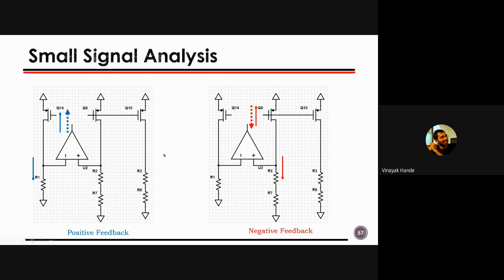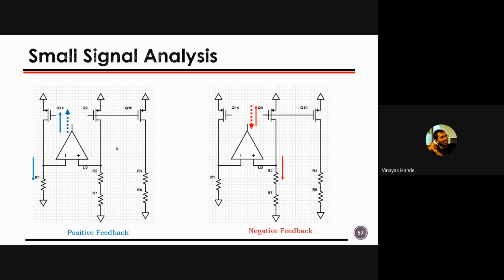So if we look closely at these two arrows, the dotted arrow and the solid arrow, for both cases we can see it is increasing for blue, and it is increasing as well as decreasing for the red arrow, right? That means the operation indicated by the red arrow is nothing but a negative feedback operation, right? And here both arrows are going in a similar direction, so we can say it is a positive feedback, right?